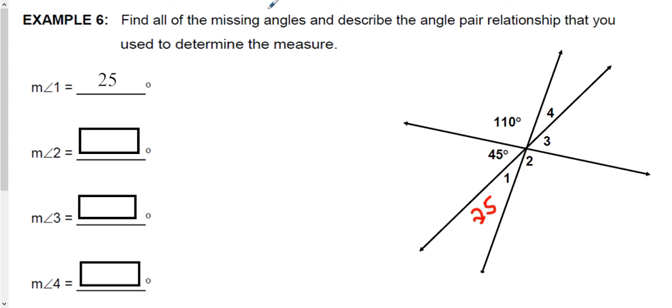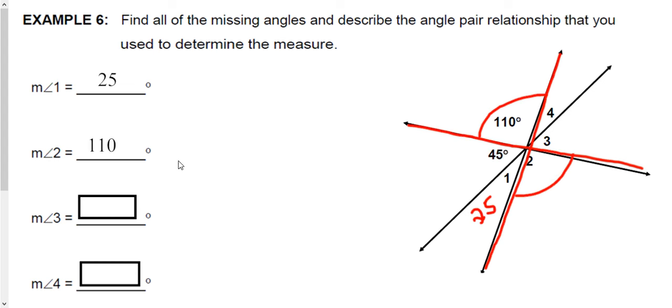If I look at these two intersecting lines now, this one and this one, forget about that third line. I can see there's this angle right here is vertical with this one right here. They're not adjacent, these two big gaps here, but these are vertical angles and they're congruent. So angle 2 is 110 degrees.